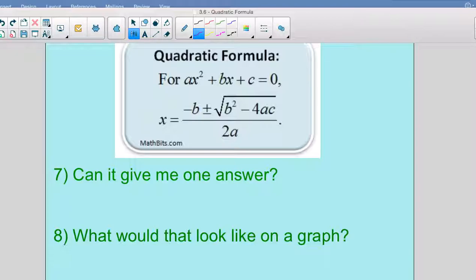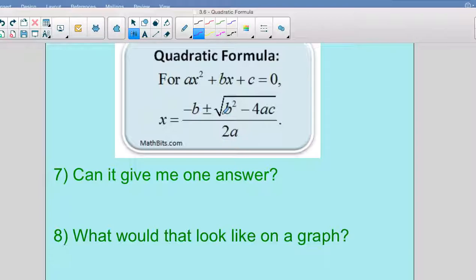Technically, I would say it's still 2, but if you think about b squared minus 4ac, right, you can have negative b plus that number and negative b minus that number, right? So if you have negative b plus 2 and negative b minus 2, those are going to give you two different answers. However, if b squared minus 4ac was 0, you would have negative b plus 0 and negative b minus 0, which is the exact same thing, right? If you add 0 to something or subtract 0 from something, it's the same thing.